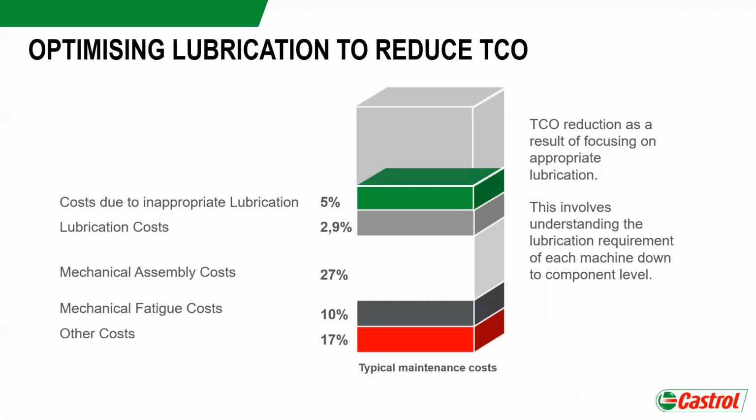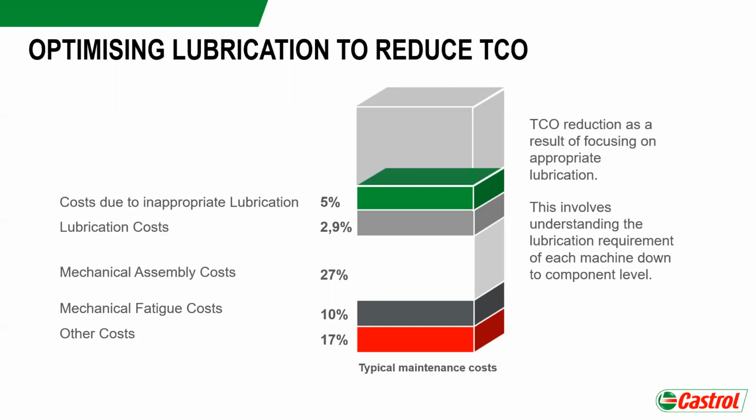So what we would look for, if it's grease lubrication, is to optimize the grease consumption. If it's gear oil, then we would look to make sure that we could extend the life of the gear oil, perhaps, to make sure that the cost of the lubrication is, if we can possibly make it, no higher than what you're currently paying.